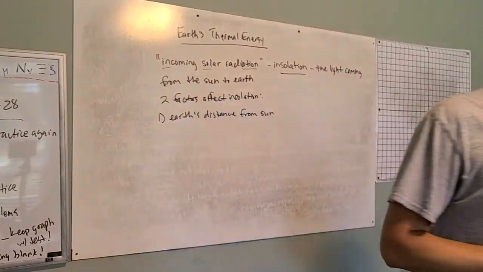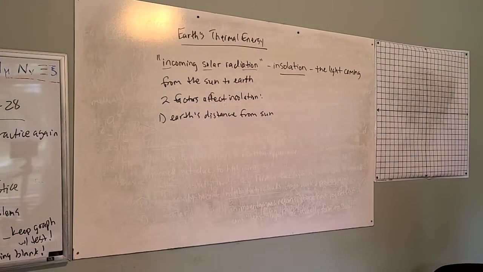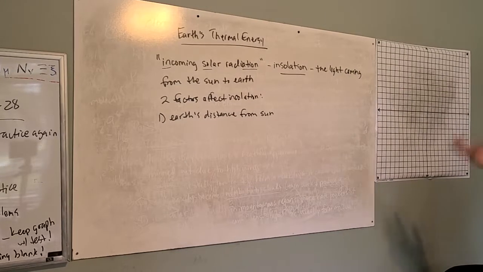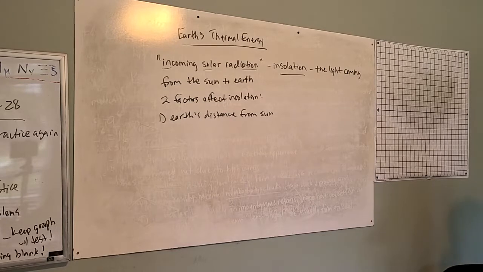Right? It should make sense that if we're closer or further away, that we're going to get more of this radiation from the sun. And when you think of radiation now, we tend to think radioactive. When we talk about radiation, we always think of it as being a bad thing, but it's just the light that's coming in. It doesn't always mean radioactive in the sense that we're talking about dangerous radiation.